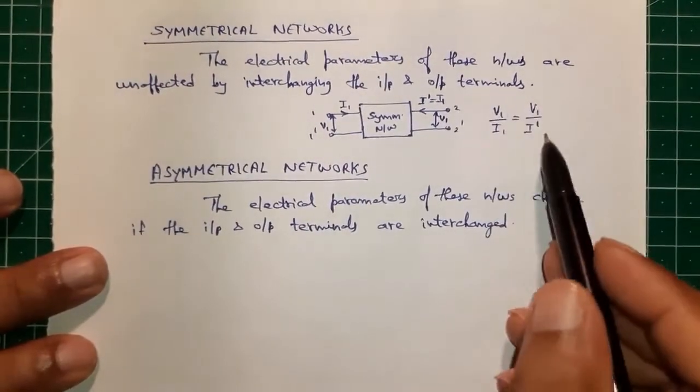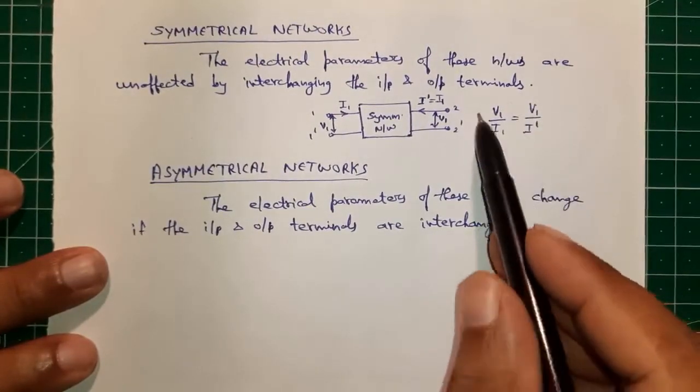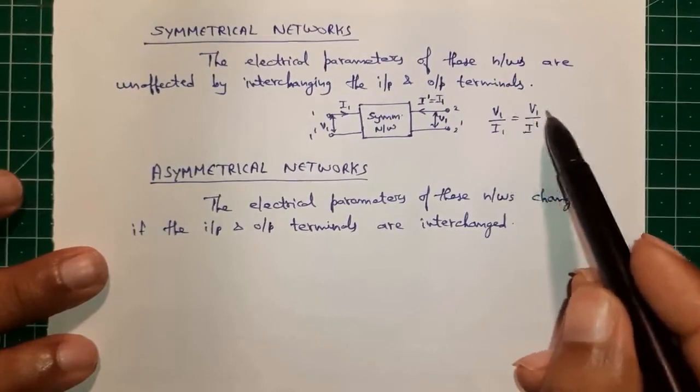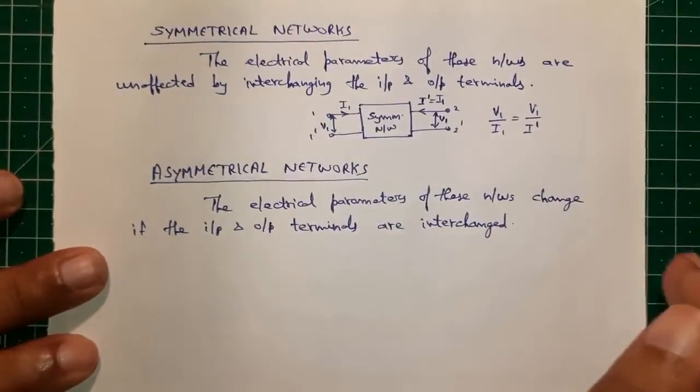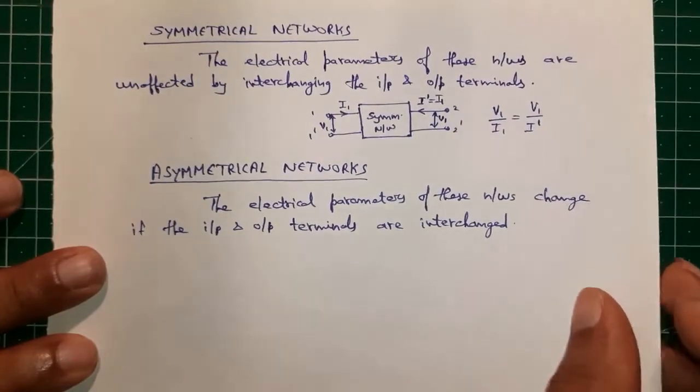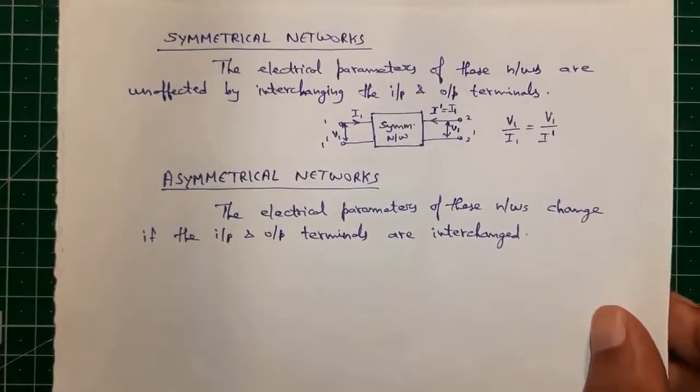If we are able to prove that this ratio is the same when the same voltage is applied to the input as well as the output terminal, then this network is a symmetrical network.